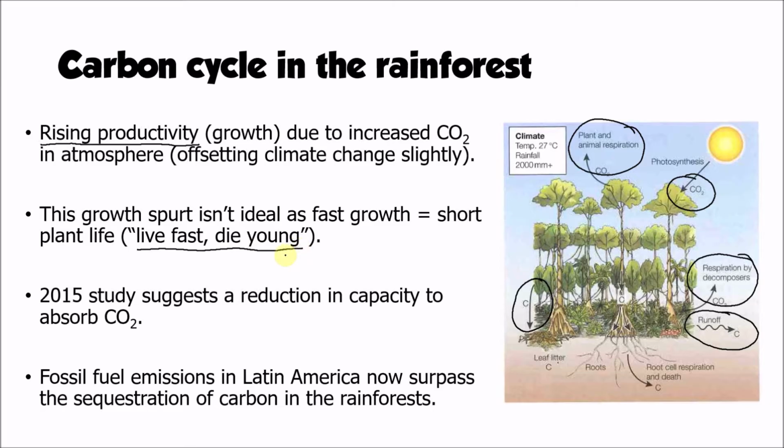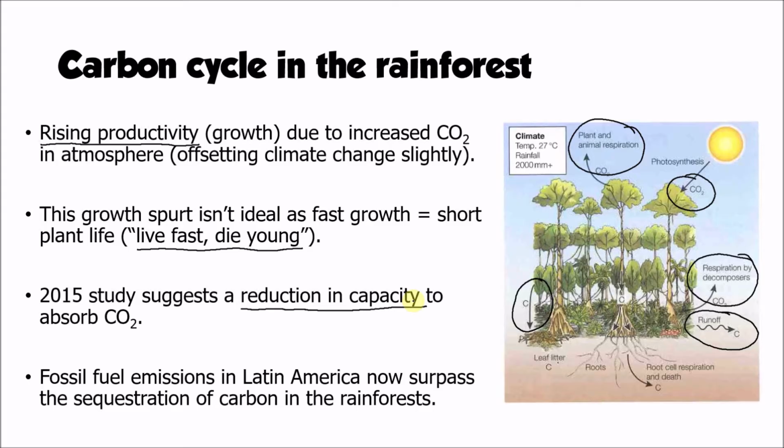As a result of this extra carbon dioxide, they grow quicker, but then they die more quickly. And what that's doing is actually reducing the capacity of the rainforest to absorb CO2. It's very concerning that in the future, the rainforest might start to become a source of carbon rather than a sink of carbon.